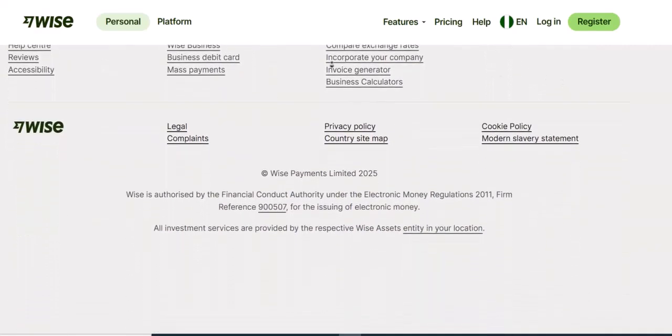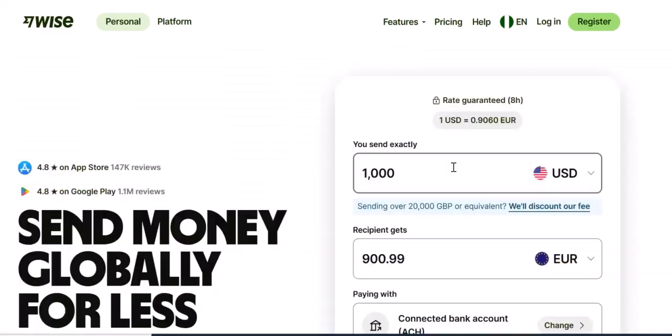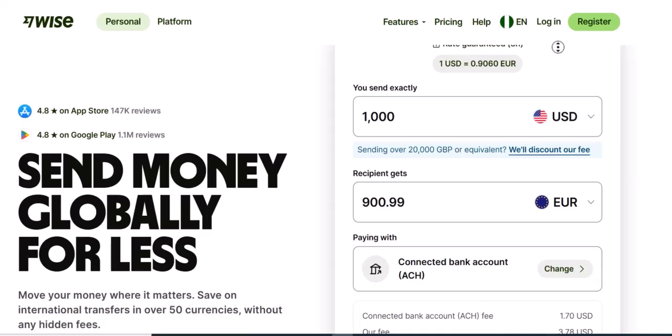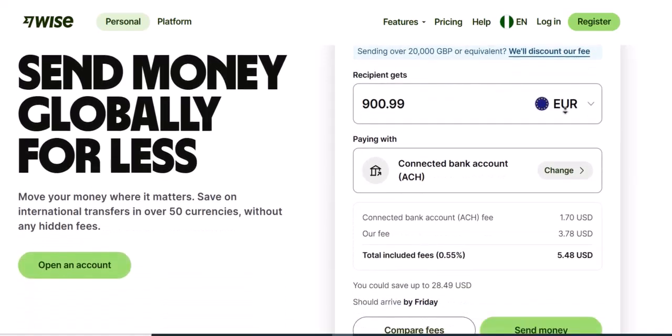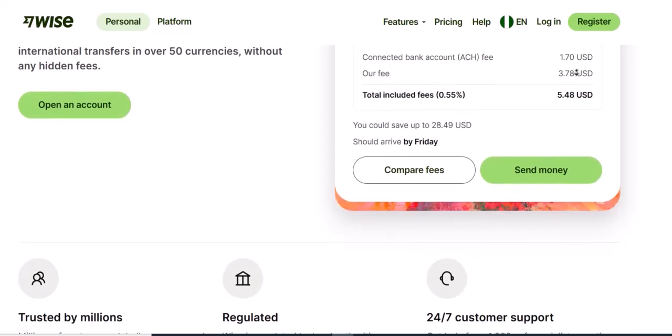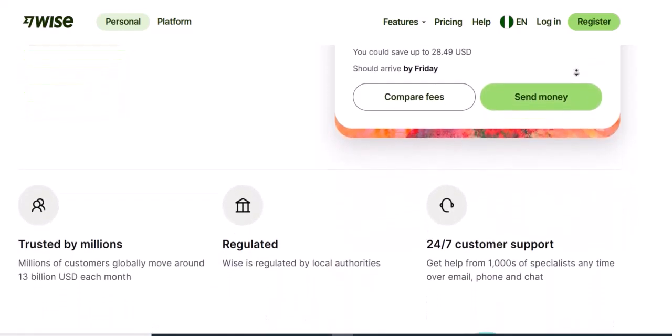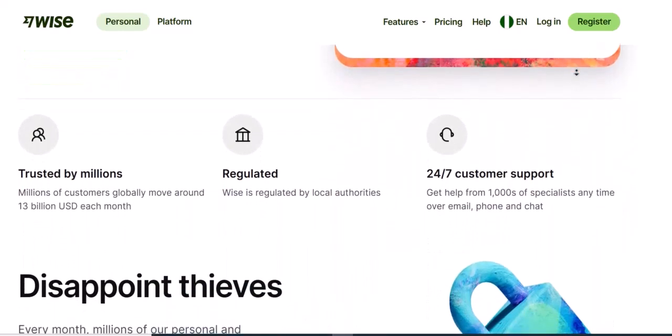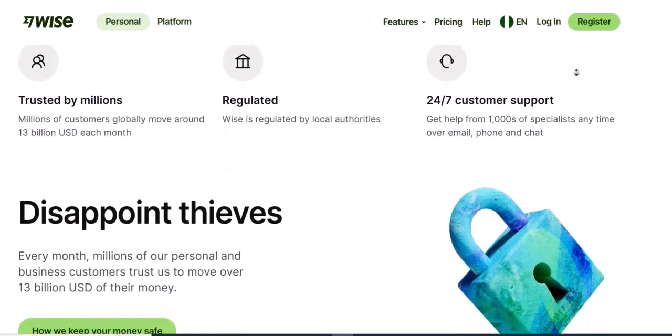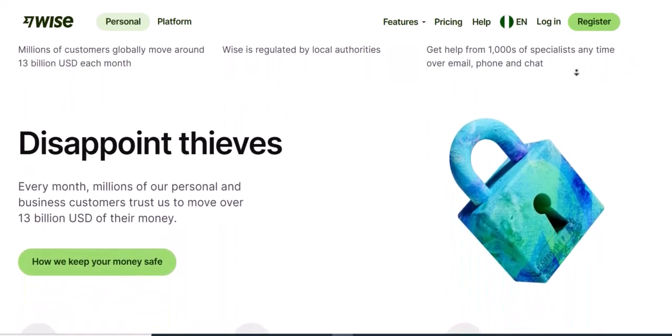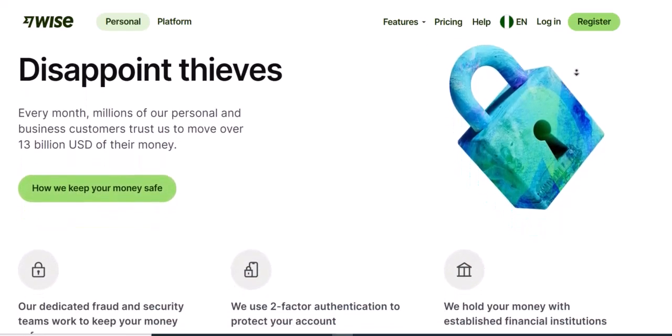Convenience. Manage all your multi-currency funds, including USD, from a single, user-friendly platform or app. Transparency. Wise's fee structure is clear and upfront, so you always know what to expect. Global reach. Get paid by clients, employers, or family members in the US as if you had a local US bank account, regardless of where you are in the world.